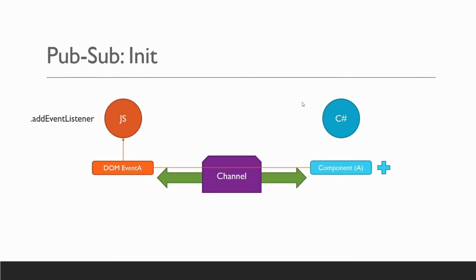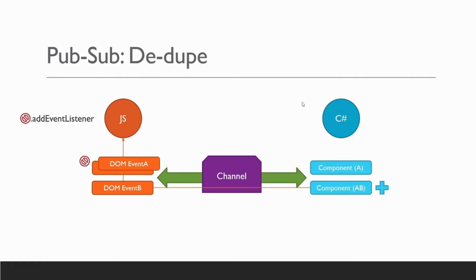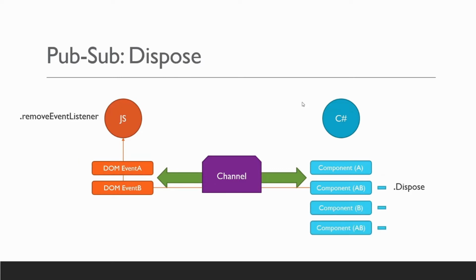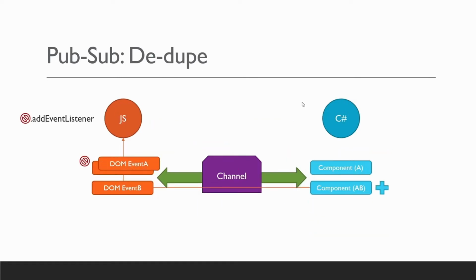So let's say, for example, we have multiple components that we're adding to our Blazor page or components. When we add multiple components, what we don't want to do is duplicate event listeners that may be taking place in JavaScript.